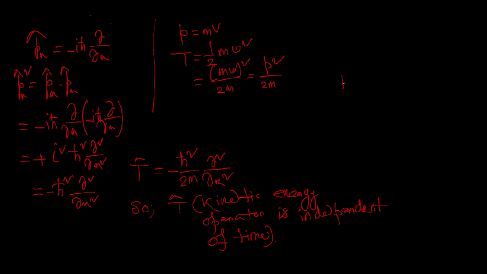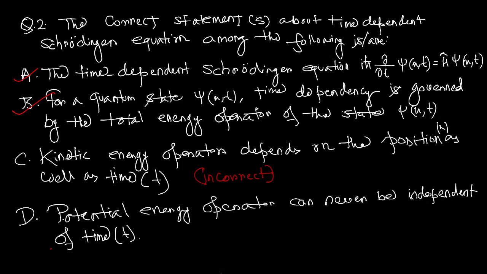If we consider the Hamiltonian as a sum of P and V, where P is kinetic energy and V is potential energy, then where will the time dependent part come from? That will only come in some form of potential energy. So the potential energy will be time dependent.